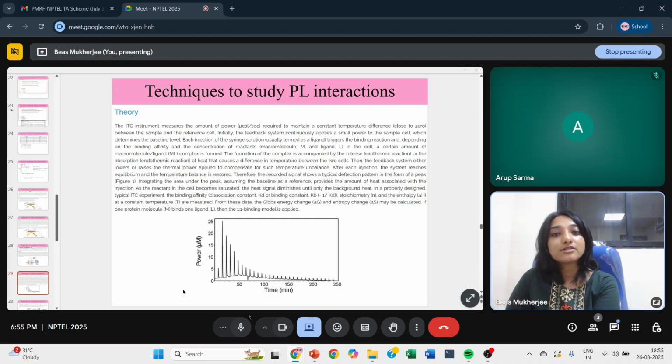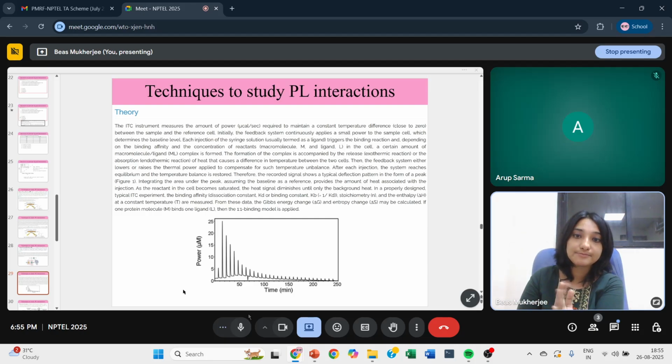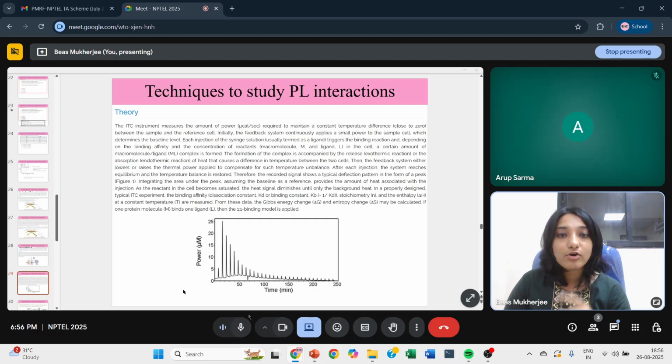Therefore, the recorded signal shows a typical deflection pattern in the form of a peak. This is the deflection pattern that you are seeing with respect to time, and integrating the area under the peak, assuming that the baseline is the reference, provides the amount of heat associated with the injection.